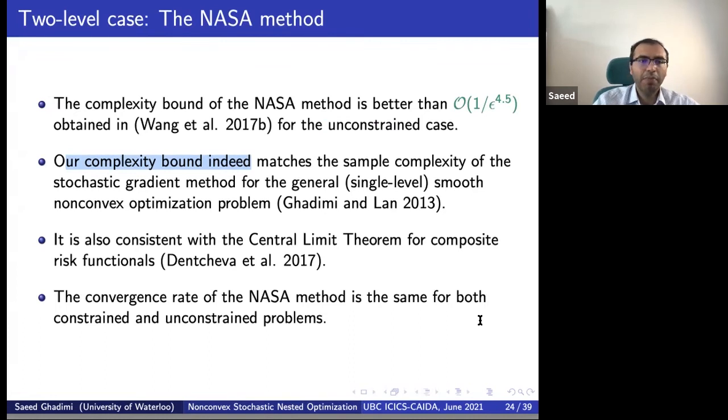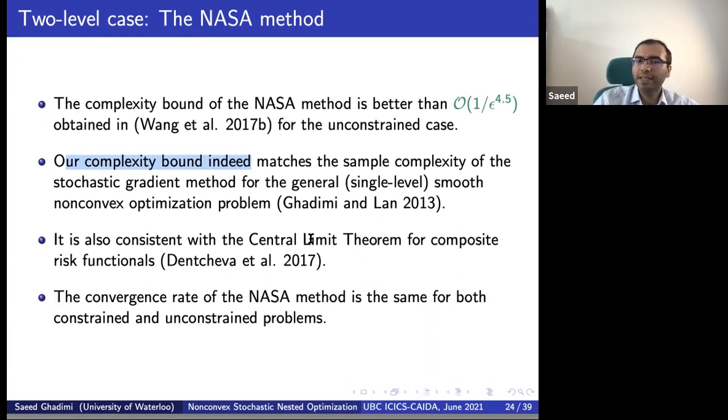And recently people have shown that this 1 over epsilon to 4 is unimprovable for the single level problems. So if you just want to minimize an expected function, then you need at least 1 over epsilon to 4 samples to find an epsilon stationary point of the problem.